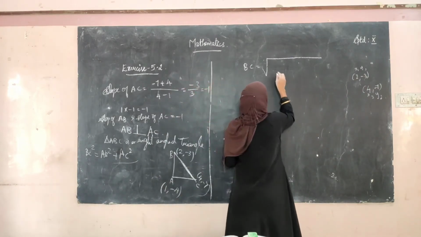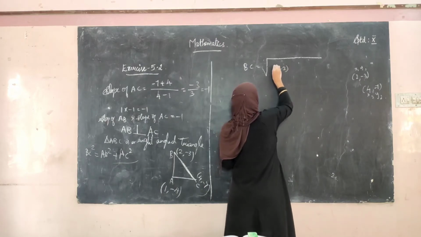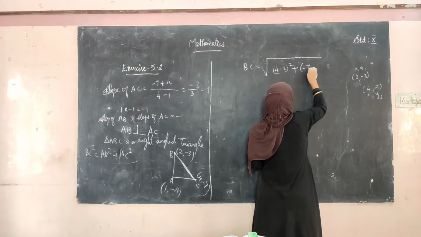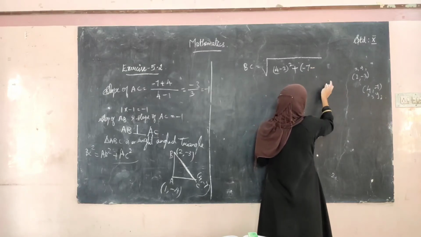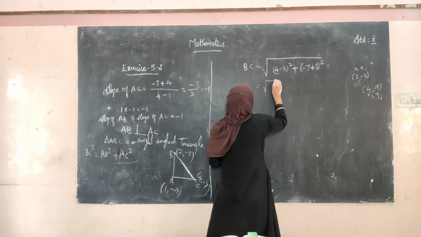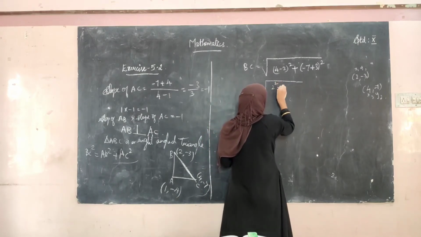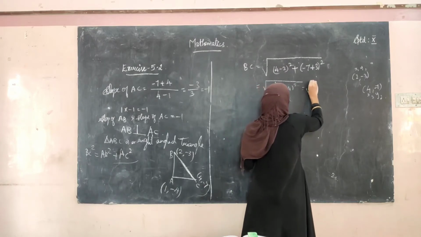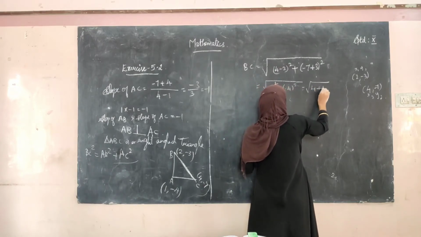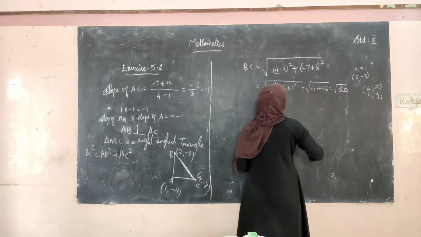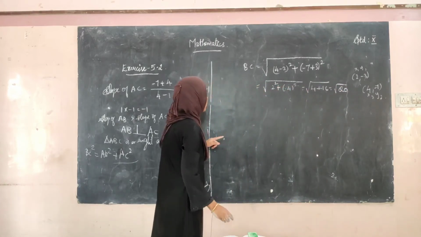That is 4 minus 2 the whole square plus -7 minus -3 the whole square, which is equal to square root of 2 square plus -4 square, which is square root of 4 plus 16, equal to root 20. BC is equal to root 20.